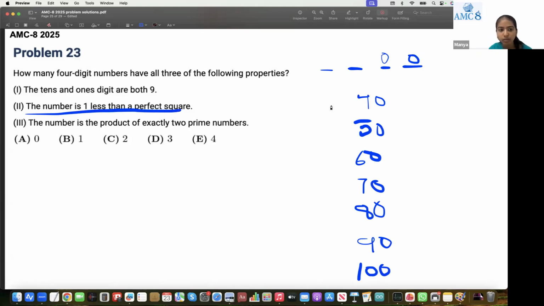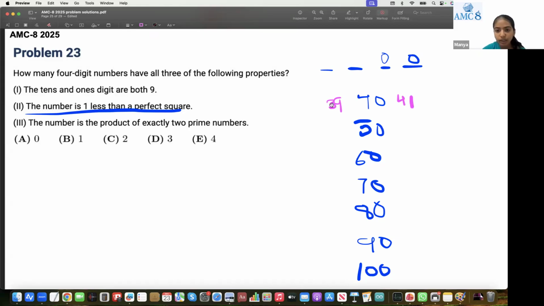But now they also said that the number is a product of exactly two prime numbers. So suppose that we subtract 1 from 40, and we're going to get 39. And if we add 1 to 40, we'll get 41. If we multiply these two numbers, we'll be getting 3,599.